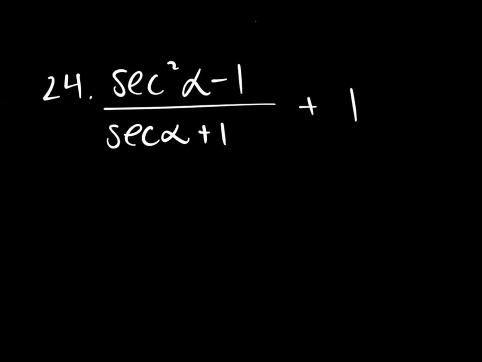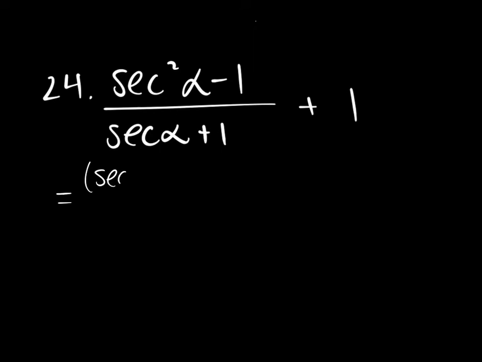Let's look at another one. In 24, we're given secant squared alpha minus 1 over secant alpha plus 1, plus 1. Now, before you start plugging in a whole bunch of trig identities, start with algebra identities first, okay? So we've got secant squared alpha minus 1 in the numerator. We can factor that, right, because it's a perfect square here.